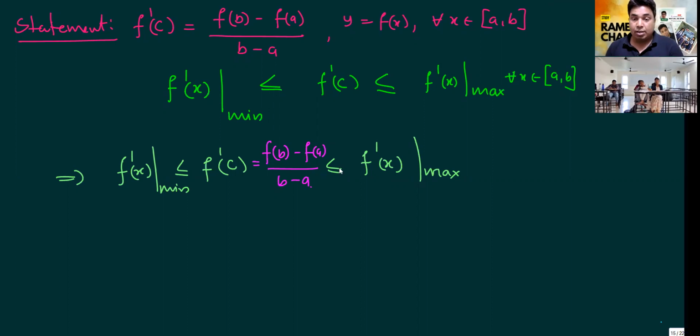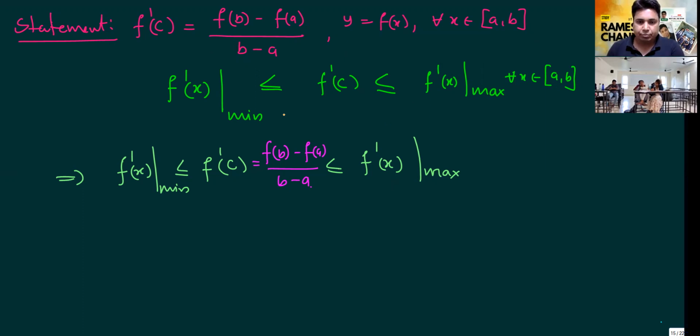Sometimes it's required to prove inequalities based on LMVT. So we know the statement of LMVT. It is f dash c equal to f of b minus f of a upon b minus a, for y equal to f(x) for all x belonging to the closed interval a comma b.